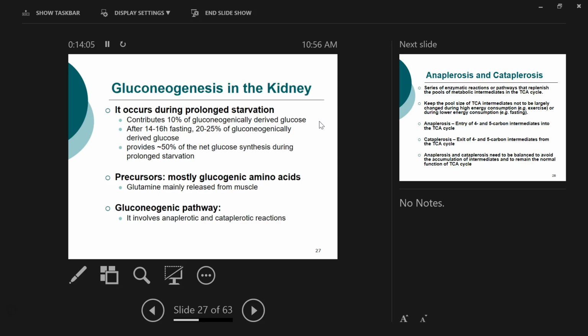Okay, now let's talk about gluconeogenesis in the kidney. The kidney can also make glucose and contributes about 10% of gluconeogenic-derived glucose. And the activity of gluconeogenesis in the kidney depends on the duration of the fasting.